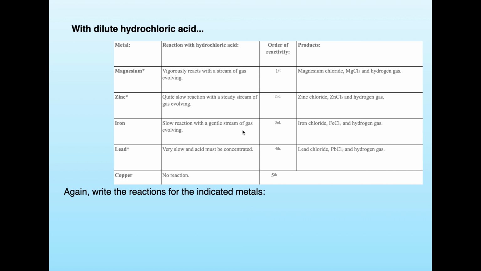Iron is a relatively slow reaction. Lead very slowly. The acid must be concentrated. Chlorides are formed in each of these cases, and copper does not react with dilute hydrochloric acid or even concentrated hydrochloric acid. Have a look at these three metals and try and write the equations for the reaction with hydrochloric acid.